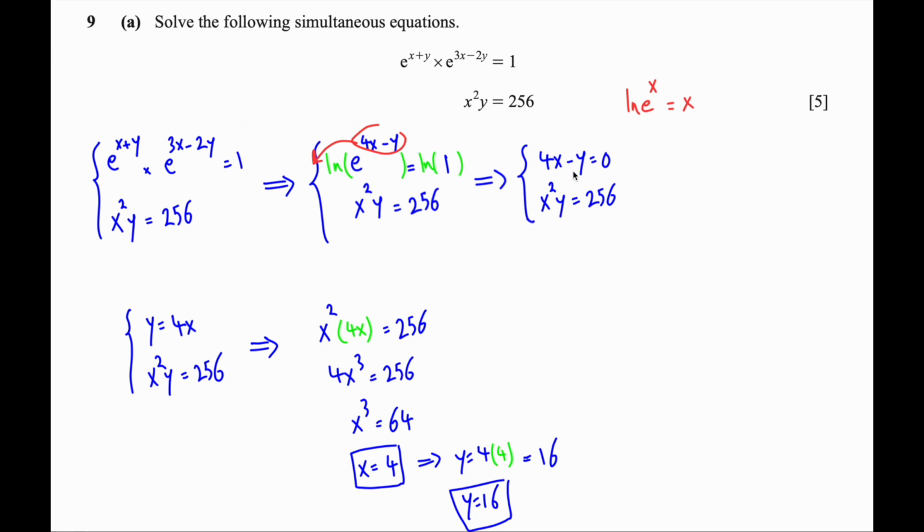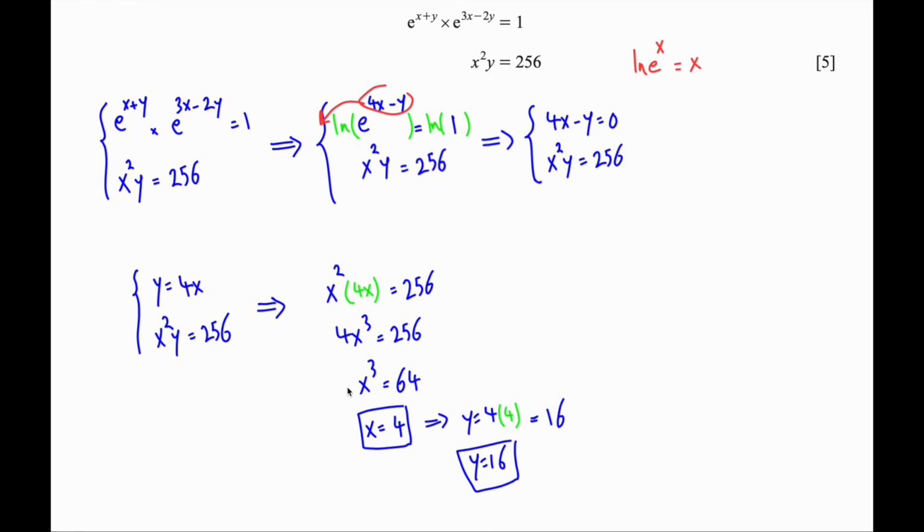So I have to make y the subject of the equation. So I pick up the top one, make y the subject of the equation, y equals 4x. Go to the second equation, replace y with 4x. Therefore, I end up with a cubic equation. I divide both sides by 4 to isolate the x.